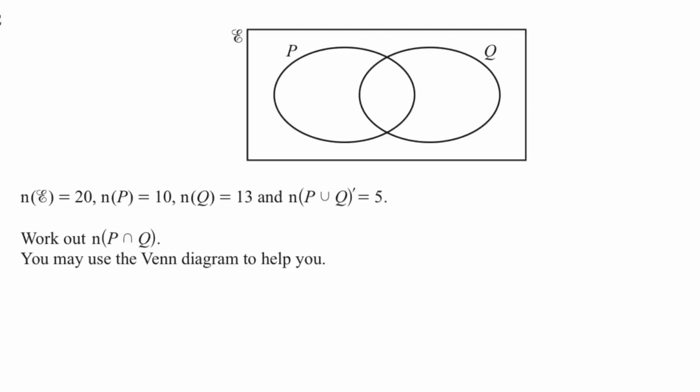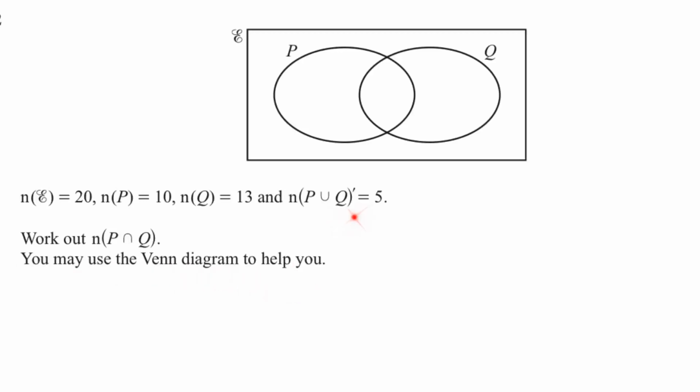It's easier to understand when you say, instead of dash or complement, not. So we want P union Q not, which is equal to 5, that's the outside part, and work out the number of elements in P intersection Q. Intersection Q is this mid part, and we may use the Venn diagram to help.